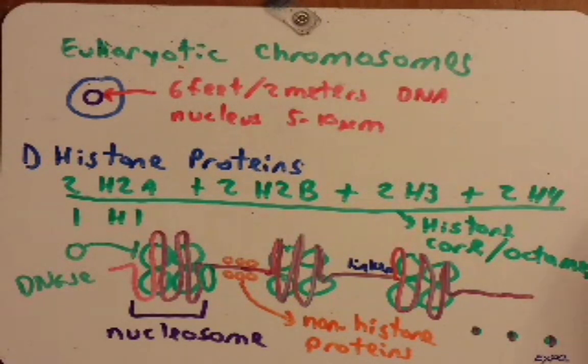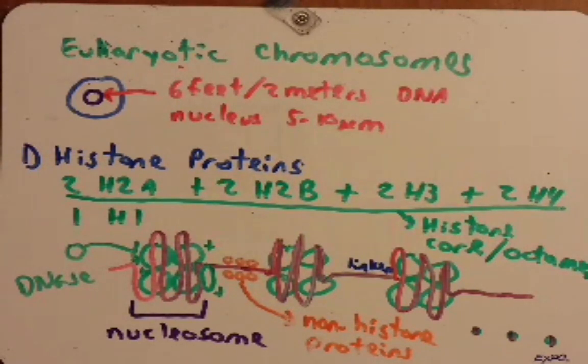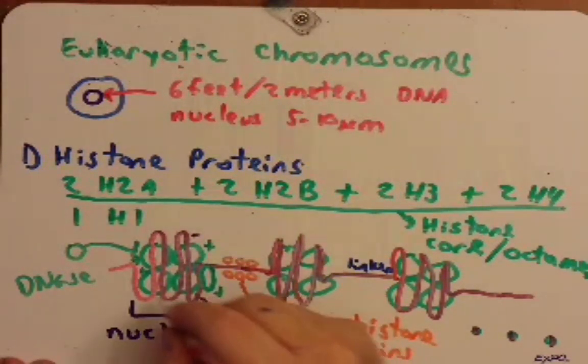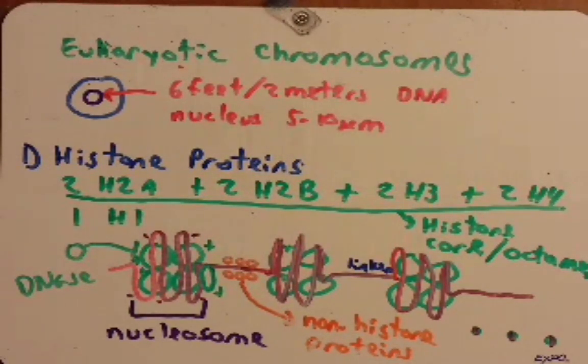So the histones, I'll put a plus sign here in green, and then the DNA is negative. And so the two will form this non-covalent interaction. So that concludes the first level of eukaryotic chromosome packaging. This is the most important part. This is what I'm going to expect you to know fairly well.